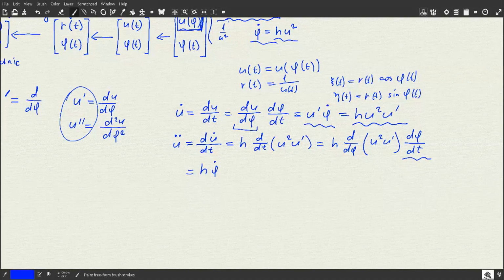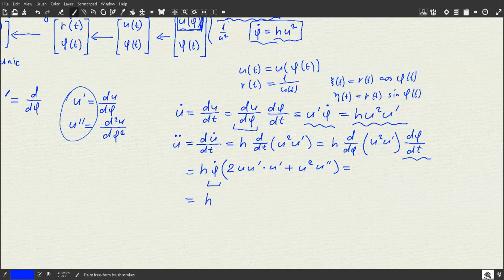And now we only need to expand this derivative in the brackets. It is obviously 2 times u prime, because we are differentiating with respect to phi, times u prime again, plus u squared u double prime. And therefore, phi dot we know again is h times u squared.